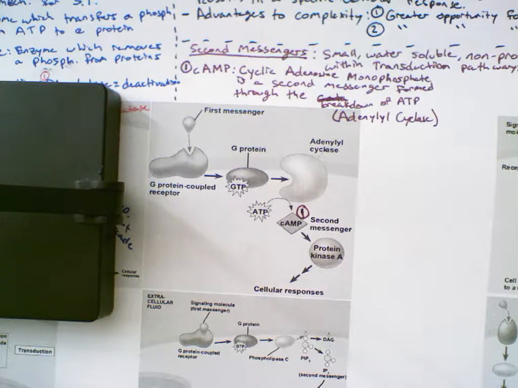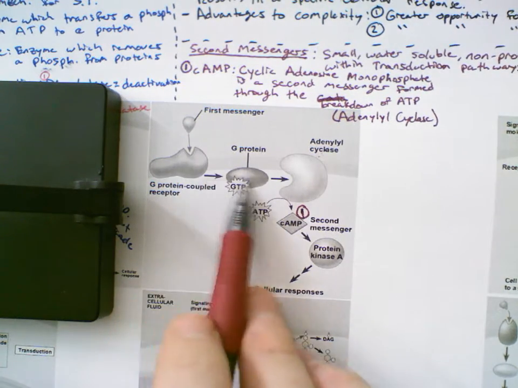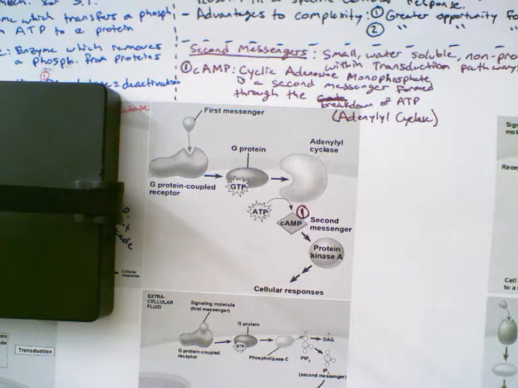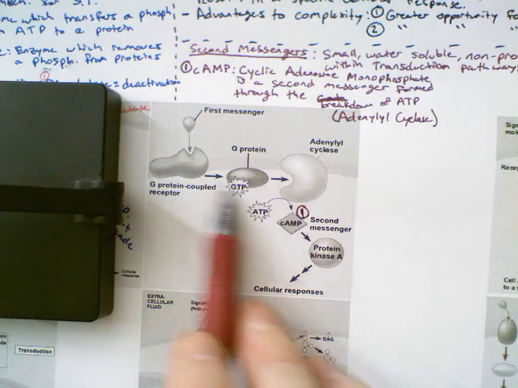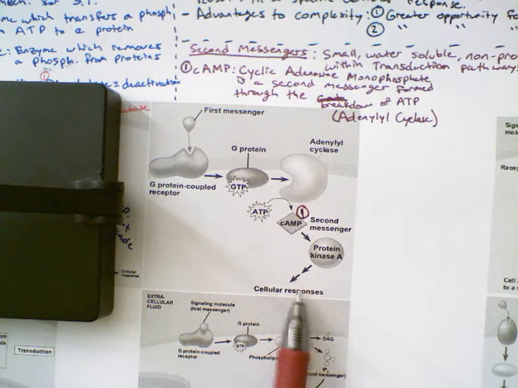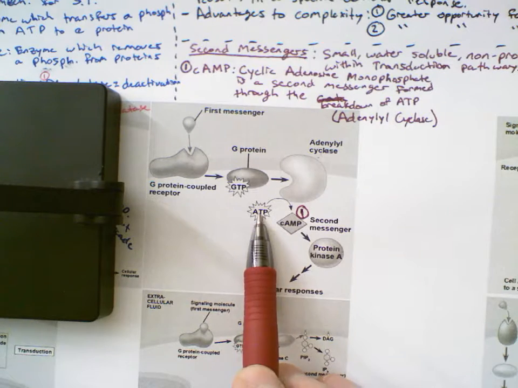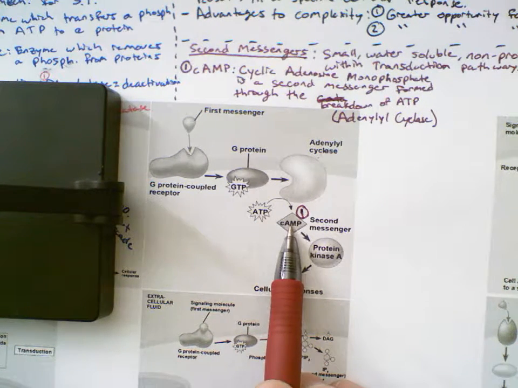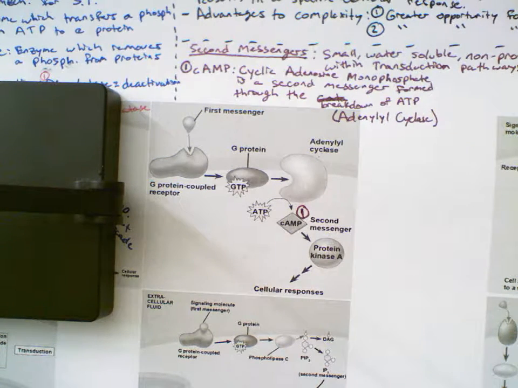But basically what's going to happen is we would have, in this case it's a G protein pathway, but it wouldn't have to be. This could be within a phosphorylation cascade. One of the steps in between, one of the intermediaries, is going to be ATP being broken down into AMP. So that just means it had some phosphate groups removed. How many phosphate groups would have been removed? 2. Yeah.